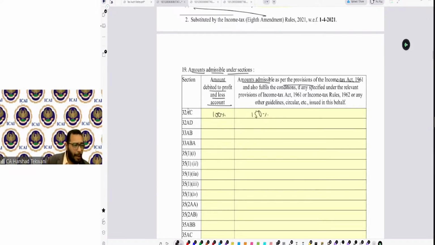So this is just a hypothetical example, but section by section, or subsection by subsection, you need to go through the deductions which are allowable. Okay, and on the basis of that, you need to check whether the conditions are satisfied or not to take the deduction under Income Tax Act, and if yes, then only the amount will be reported over here.